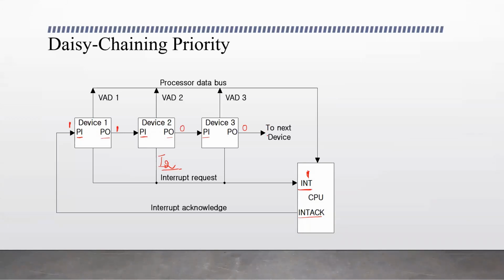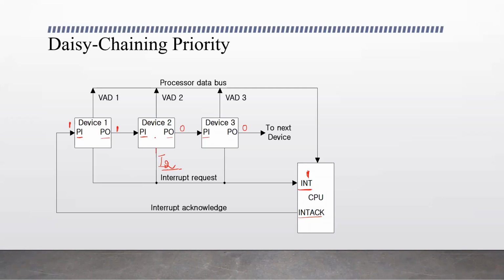This means the acknowledgement from the CPU is blocked. So we are assuming that device 2 has initiated interrupt 2, and it has blocked the signal that the CPU sent. This means the CPU has to service this device now.